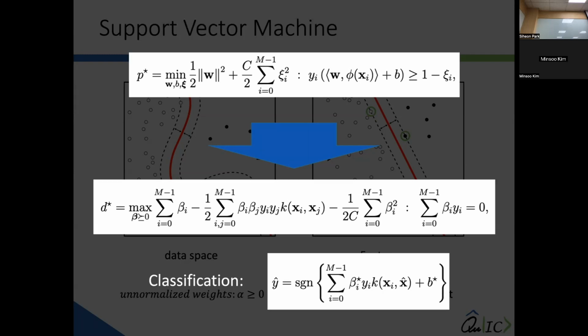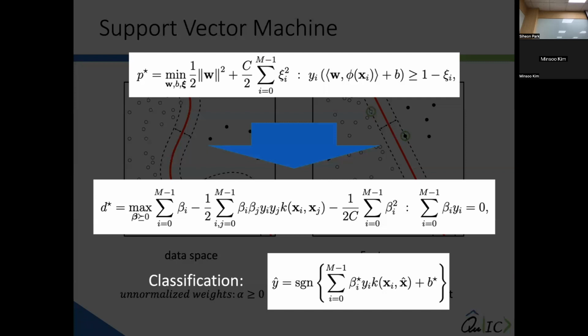We want to minimize that kind of penetration, so this is the optimization function that we want to tackle. To make it easier, we can use strong duality and transform this equation to this equation. So P star and D star are the same.